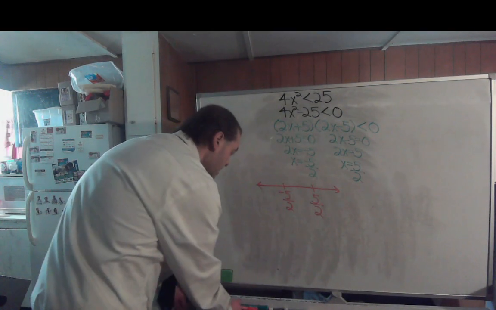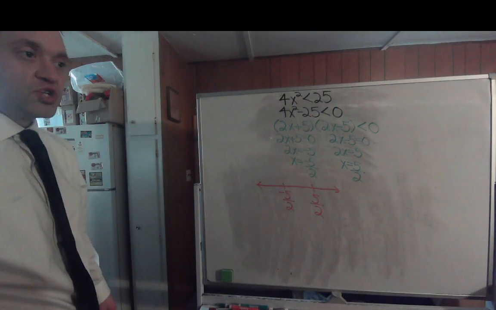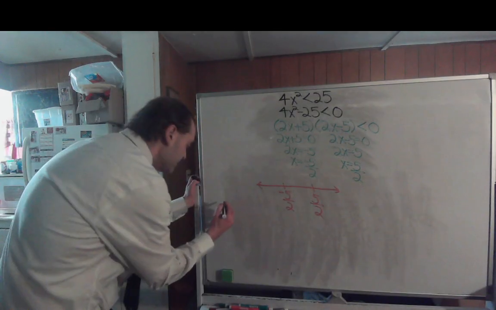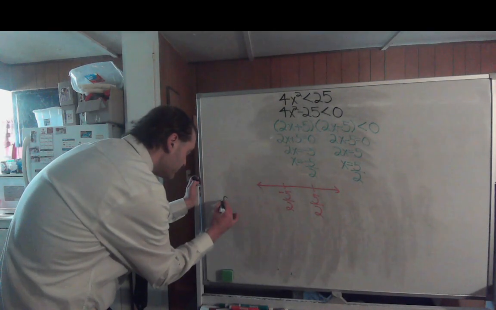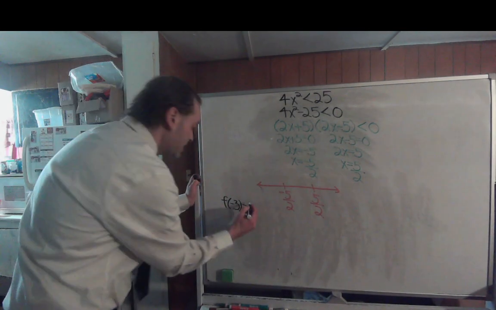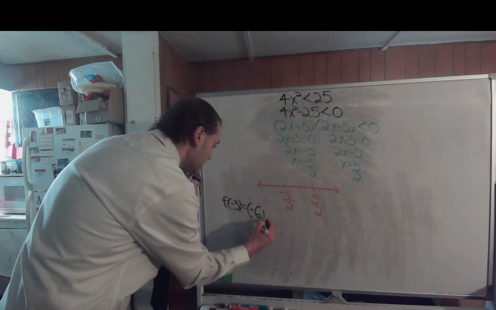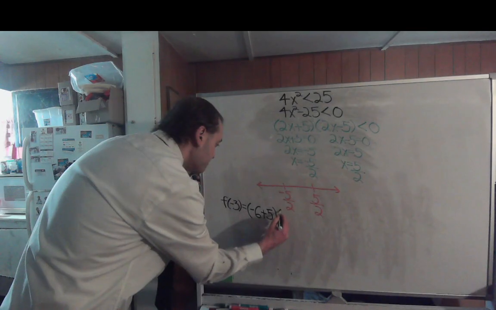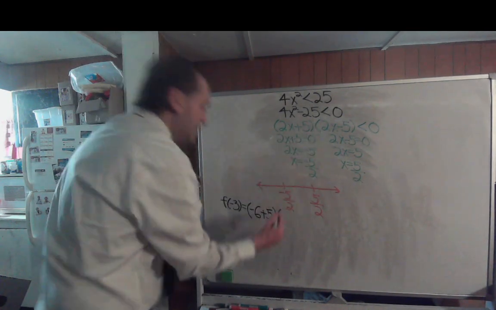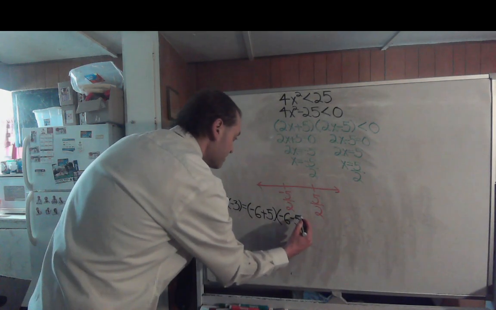So take any number less than negative 5/2, which we could do f of negative 3. If I put in f of negative 3 into your factors, 2 times negative 3 is negative 6 plus 5, that quantity times 2 times negative 3 is negative 6 minus 5.